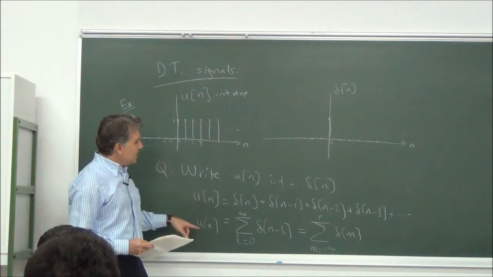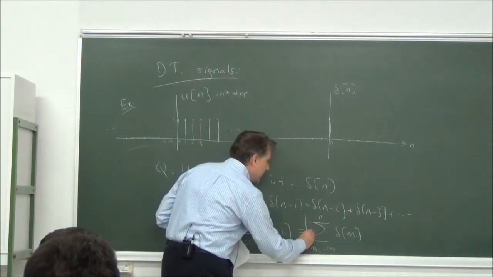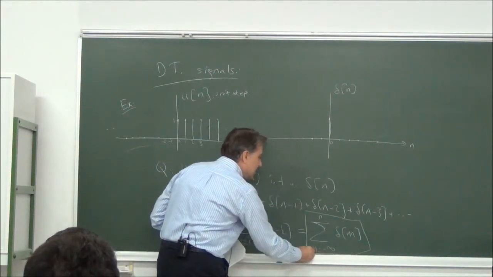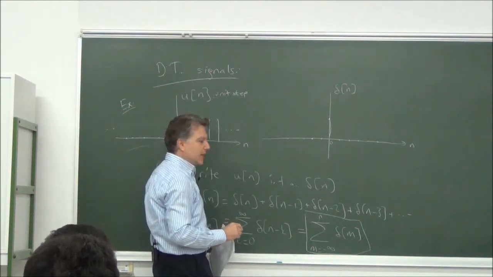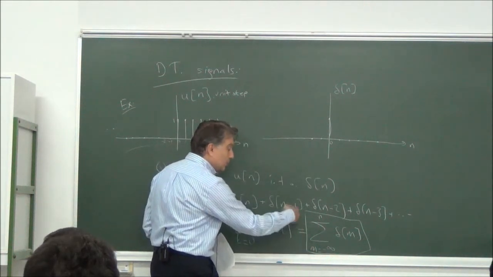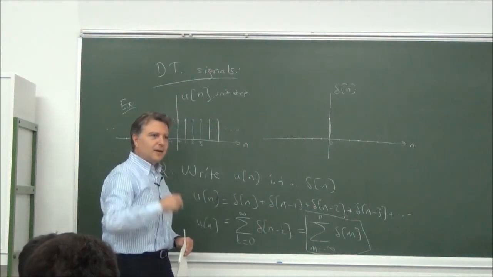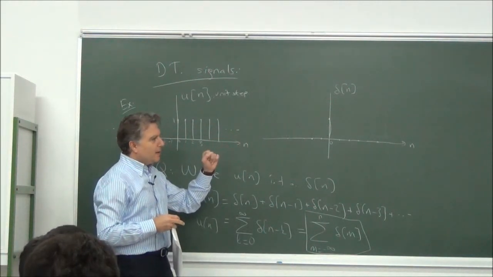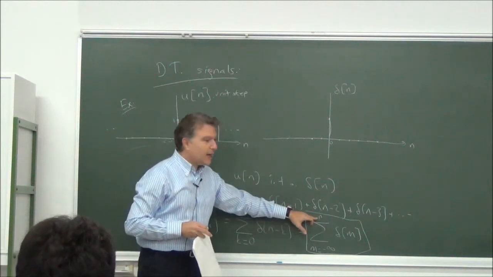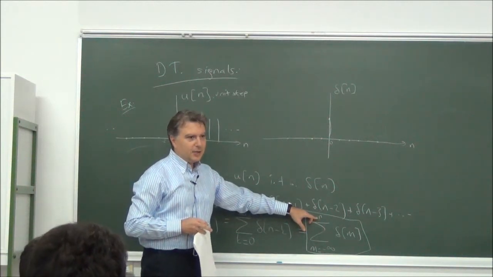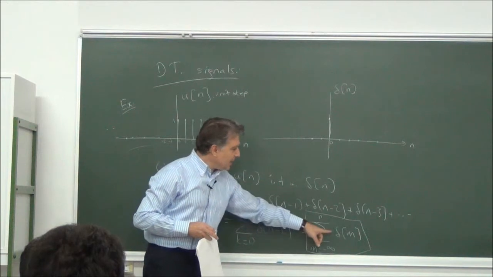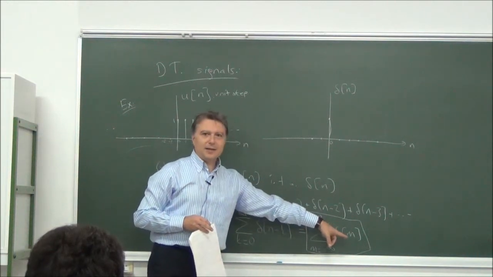Why? Because now this one is in the form of an integral, just like the integral that we did for continuous time signals, for continuous time u of t and delta t, where the top index or limit is the time itself, n. It was t in the integral, and inside it we had delta lambda.